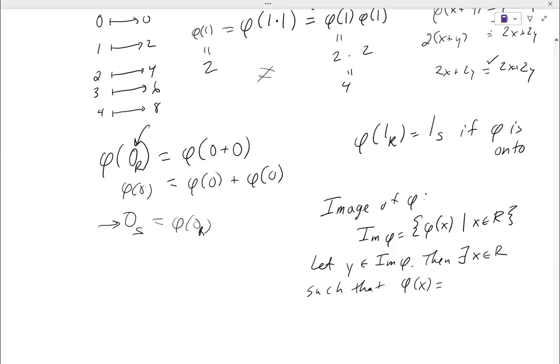Not an f, it's a phi. It's the image of phi. I'm talking about a function phi. Sorry about that. Anyway, if it's in the image, something in the domain got mapped to it, right? That's what it means to be in the image. There's something in the domain that gets mapped to that element, right?